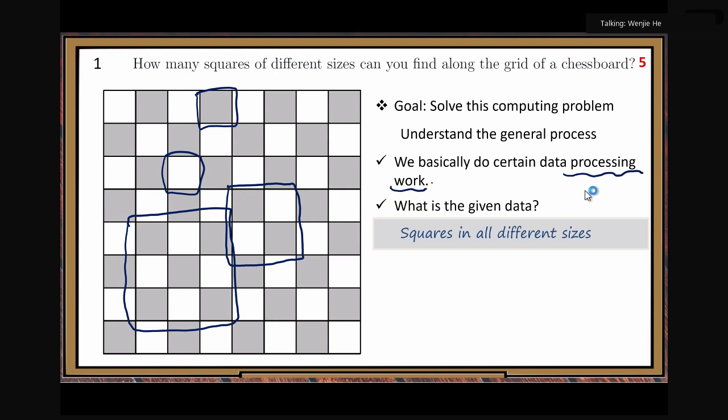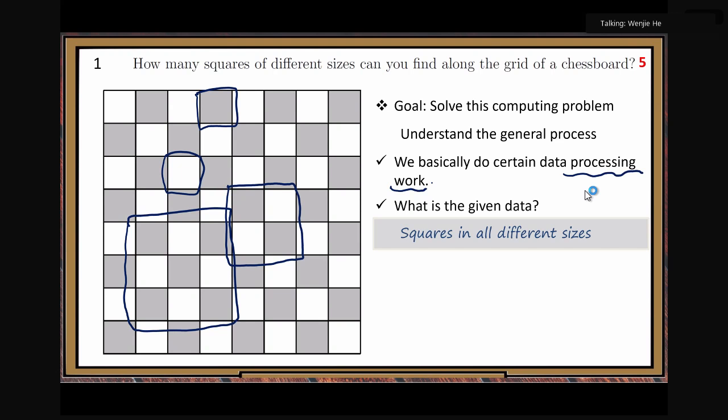Anyone want to say something? 8 different sizes? Yes, 8. Why 8? Can you explain why 8? Not a guess. It was considering 1 square, 4 squares, 9, 16, and so on. Good. 1 by 1, that's the first size. 2 by 2, second. 3 by 3.